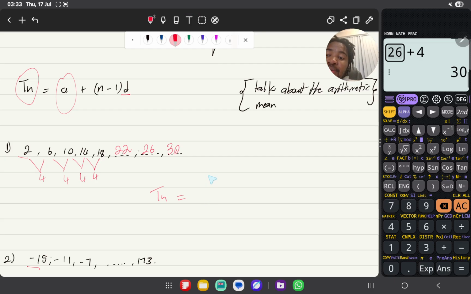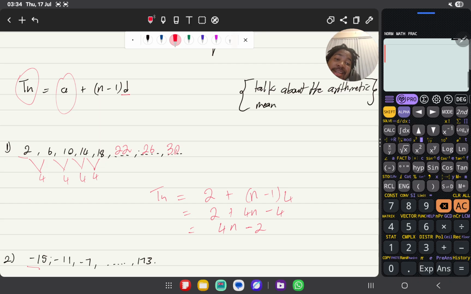A is the first number in our sequence, so we put 2 here, plus n minus 1 times 4, which is our common difference, not common denominator. Then you multiply 4 and n, you get 4n, and here you will have minus 4. When you do the math, you have 4n minus 2.